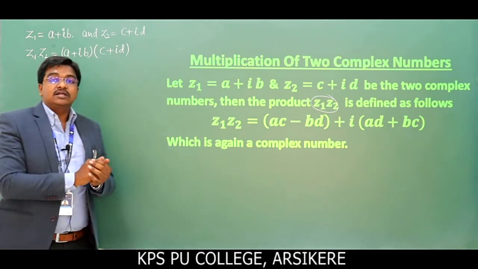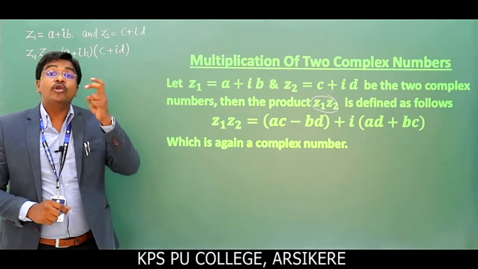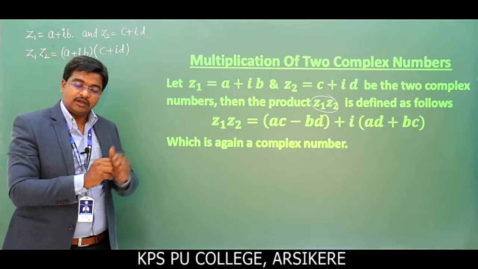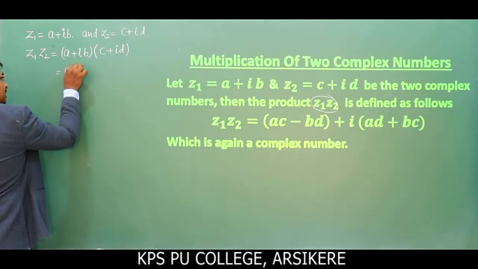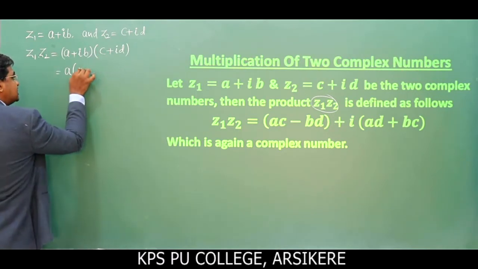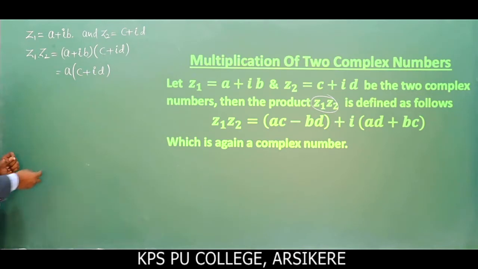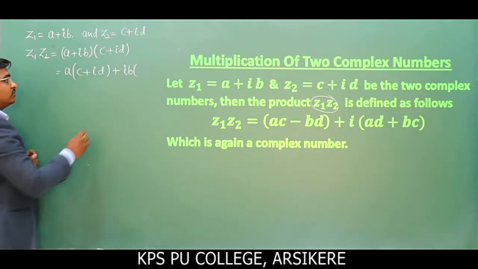So in previous classes, we had a discussion on how to find the product of two binomials, a plus b into c plus d. I follow the same method. First I will start with a. So a times of a into the first term c plus id, plus i into b times of the second term c plus id.